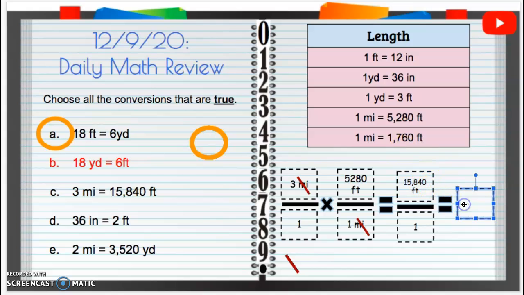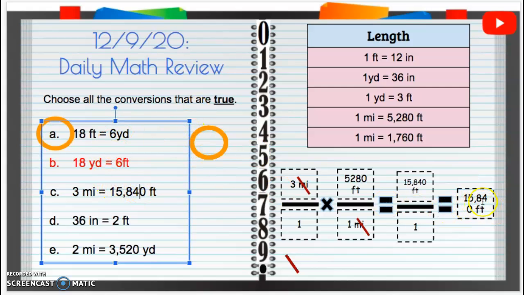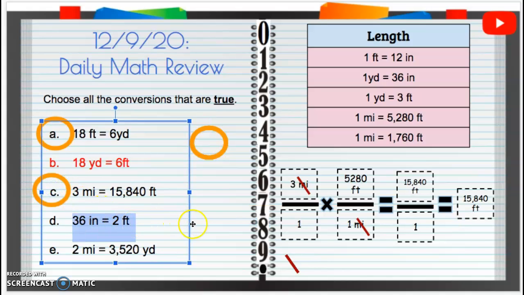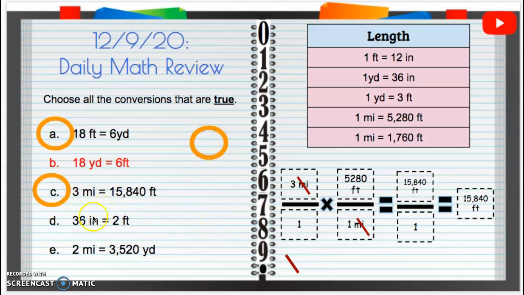So is 15,840 feet the same as 15,840 feet? Yes, it is. So that one is also true. So C is also true. Let's take a look at D. All right, so 2 feet and 36 inches. Well, first of all, I know that 1 foot is 12 inches.